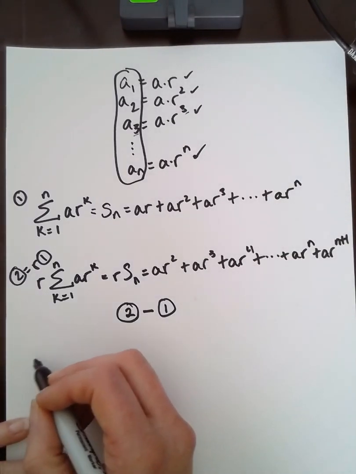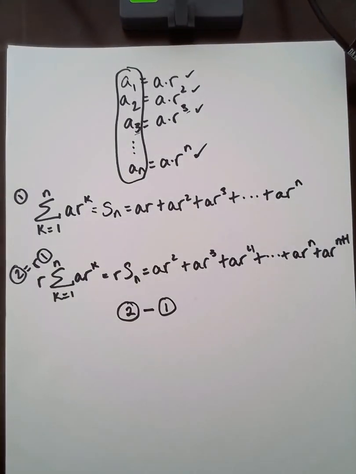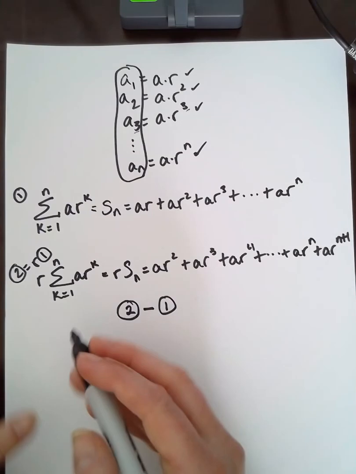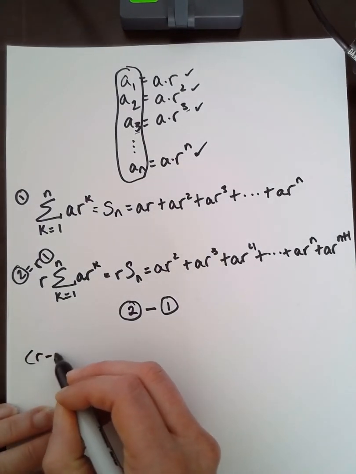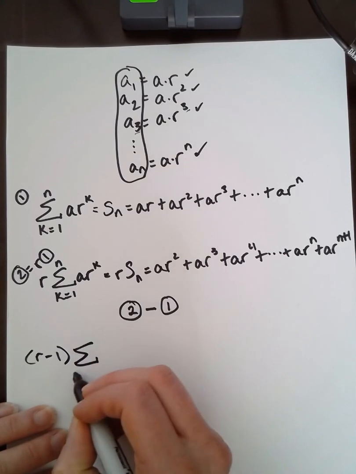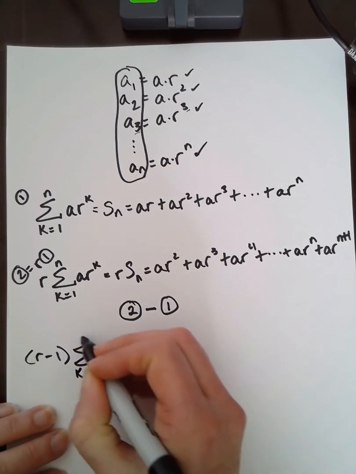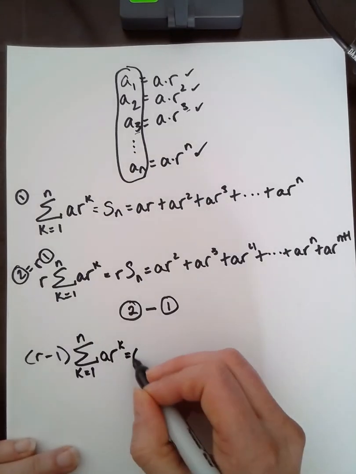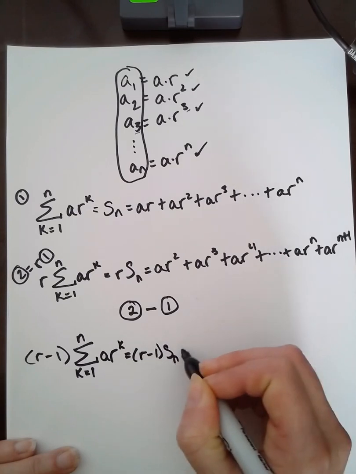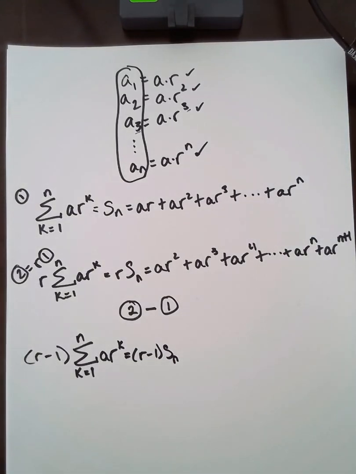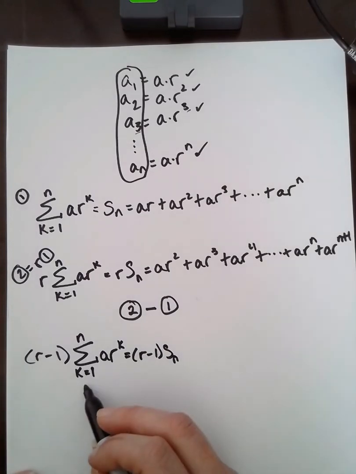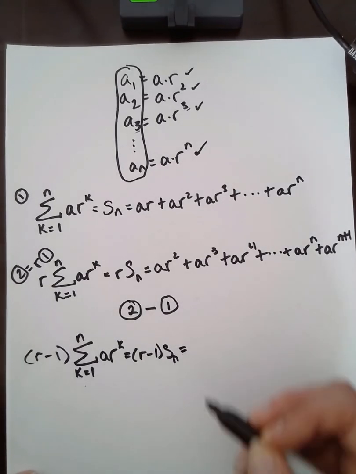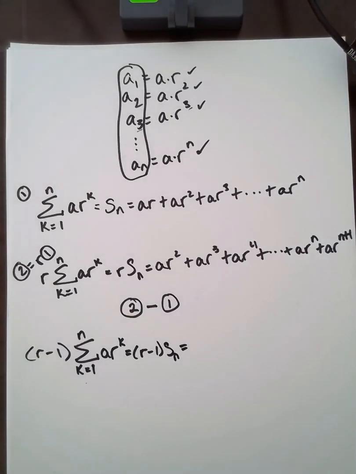On the left-hand side, this summation has a coefficient of r, this one has a coefficient of 1, so we're looking at r minus 1 times the sum, k going from 1 to n of a r to the k, equals r minus 1 of s sub n, which indicates the sum, our less descriptive notation. I'm using this alternate because some of you may not be comfortable with the other. Now let's see what terms are left.